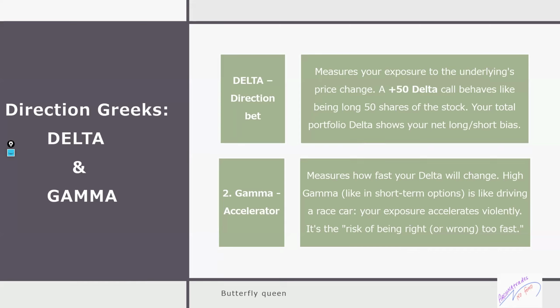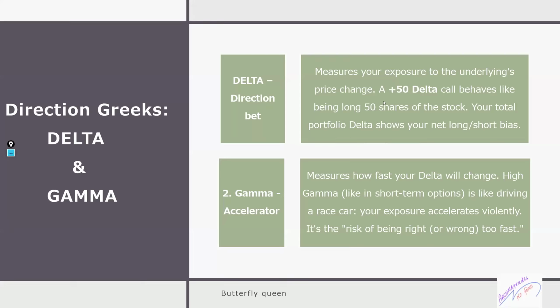You can look at delta even in another way. What's the probability of the stock being in the money at expiration? So if you buy a 50 delta call, it says that there is a 50-50 chance that this will be in the money at expiration.